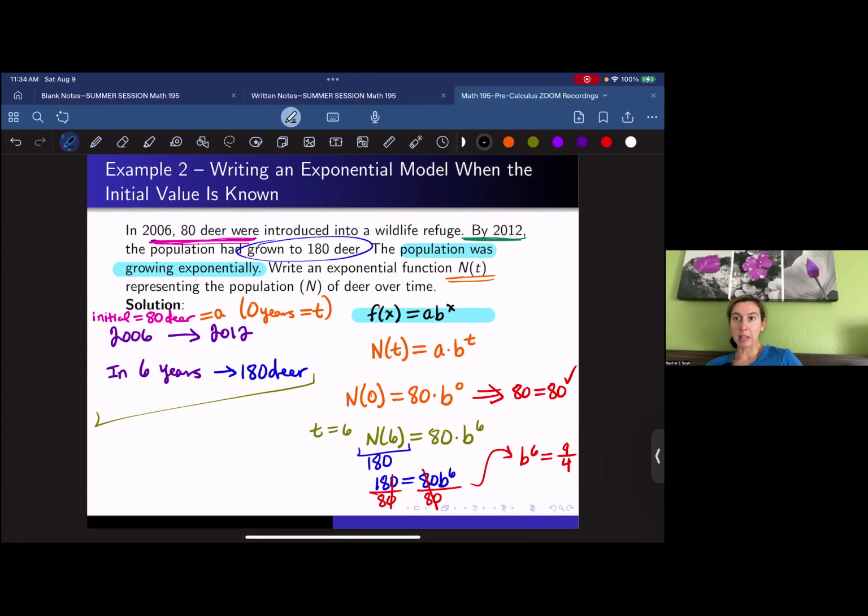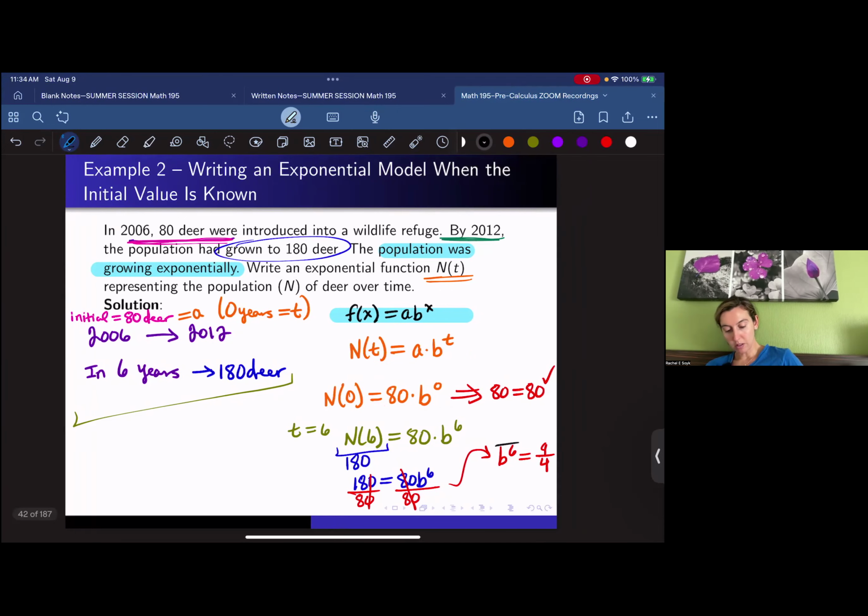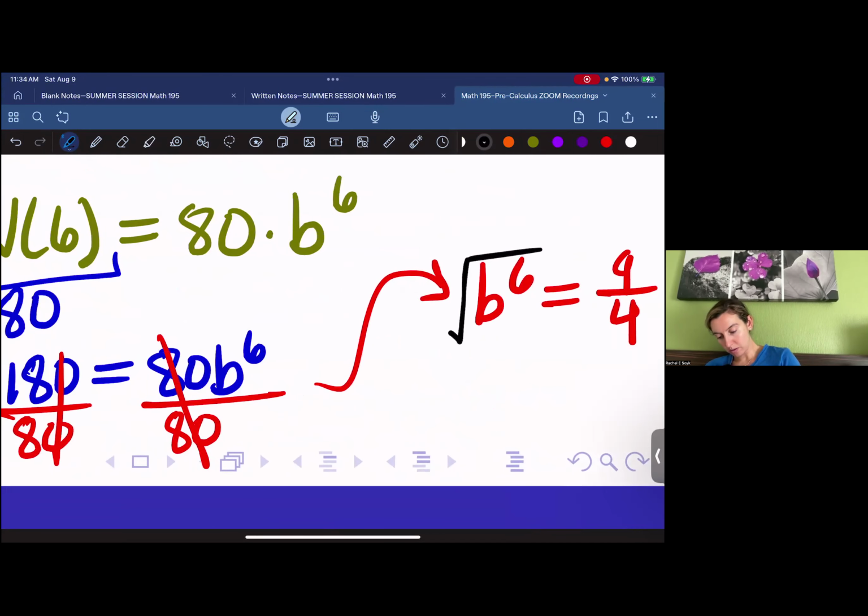And then we can go ahead and take the 6th root of both sides. Let me zoom in on this a little bit. Again, b is always positive, so we're going to highlight that it's the positive 6th root of 9 over 4.